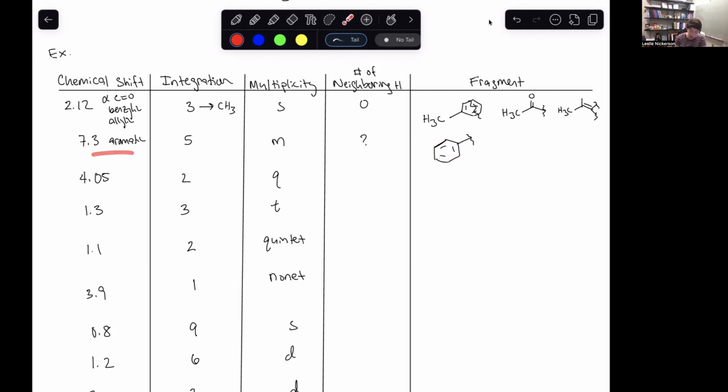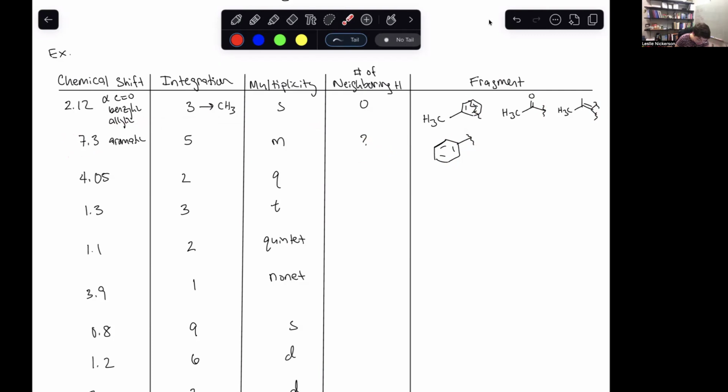It is aromatic, and then I just need to find something to connect it to. And typically when I'm drawing out these fragments, I use that wiggly line to indicate this has to be connected somewhere else, because we don't want to be drawing full-fledged molecules at this stage. We want to be drawing pieces of molecules based on what this data is telling us.